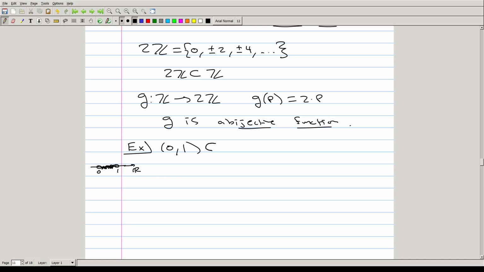This is clearly a proper subset of the set of all real numbers, and yet later on in this lecture we'll show that the function from this open interval from 0 to 1 into R defined by g of x is equal to (2x minus 1) over x times (1 minus x) is a bijection from the interval from 0 to 1 to R.